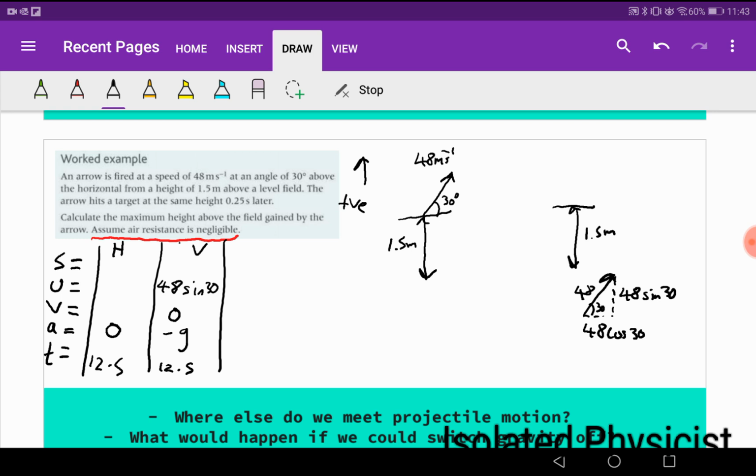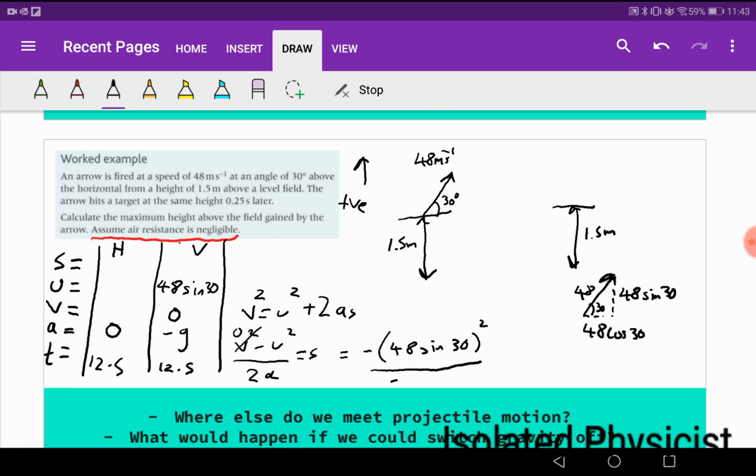And now we can have our pick of equations. I'm going to use v squared equals u squared plus 2as. So s equals v squared minus u squared over 2a. V is 0. So I've got minus 48 sine 30 squared over minus 2g.